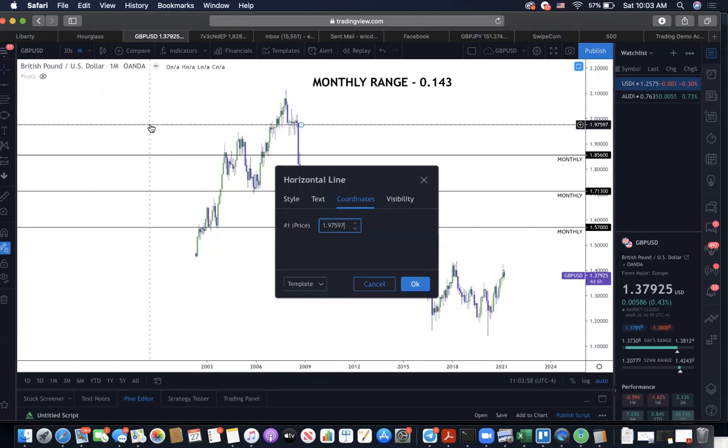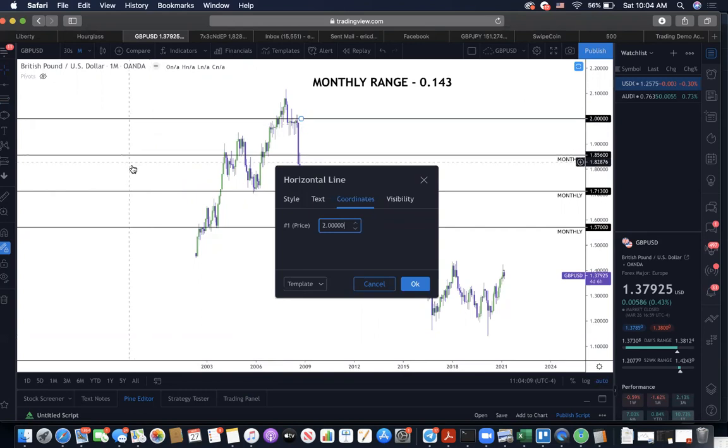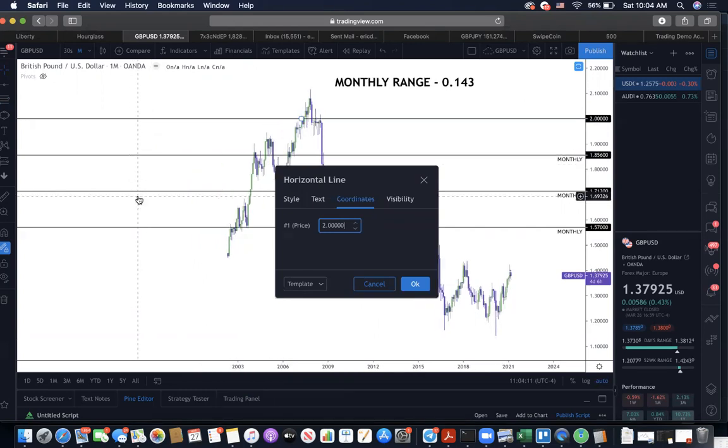Might as well round this to 2.0. How big of a movement is it going to make? Not much. Barely anything. So I'll round this up to 2.0.